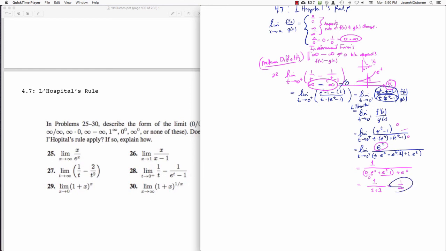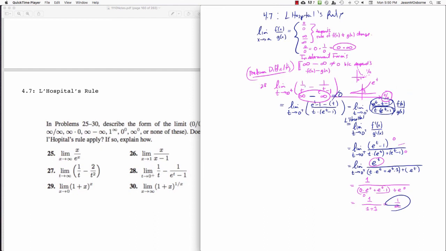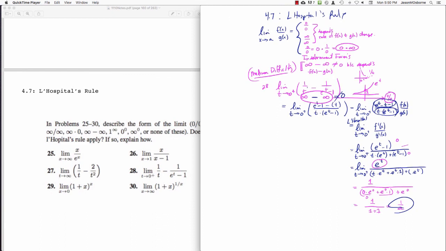You just get 1/2 for this limit. So there's another indeterminate form. We've looked at 0 over 0, infinity over infinity, infinity minus infinity, and there are some 0 times infinity examples, which I think are probably on the easy end also, and infinity minus infinity is on the medium difficulty scale.